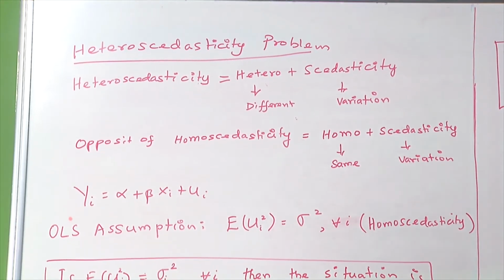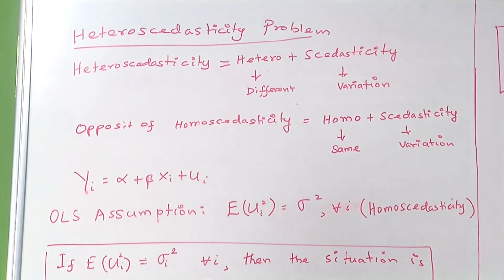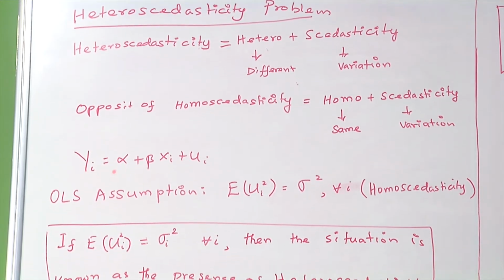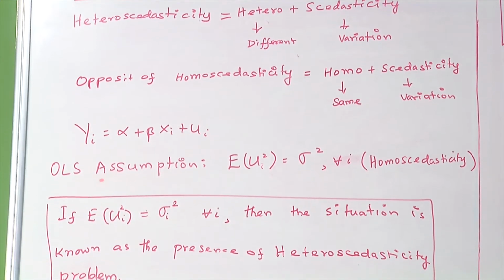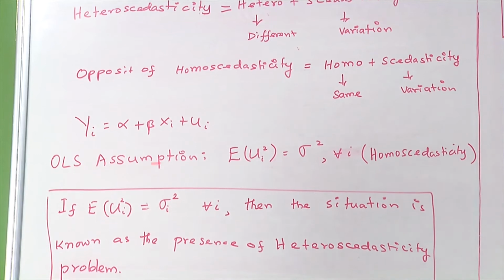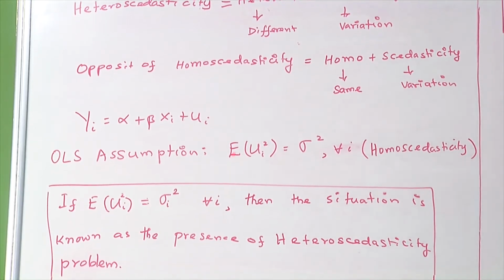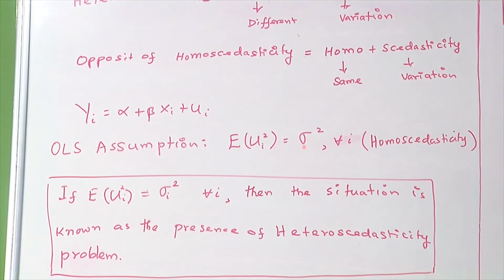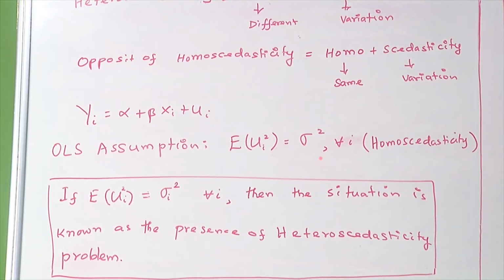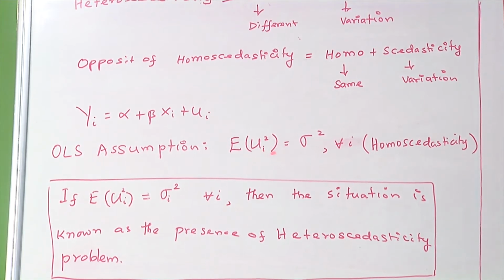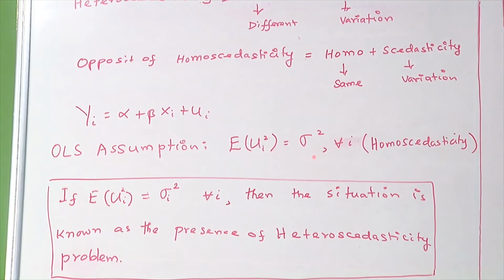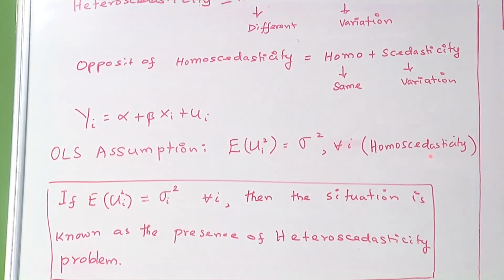Let us go back to the regression model. Let us take a regression model yi is equal to alpha plus beta xi plus ui. The prominent OLS assumption on u is expectation of ui square is equal to sigma square for every i, meaning the variance of ui, irrespective of i, is constant. So, this assumption is known as the homoscedasticity assumption.